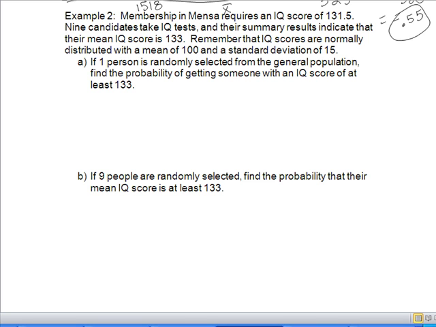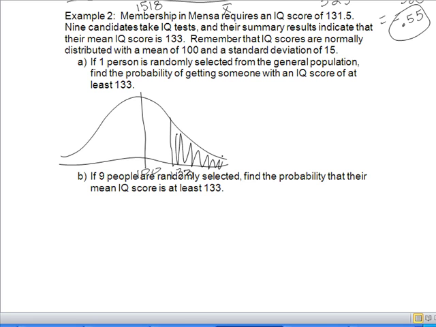We get 0.9861. It's the area to the left of the z-score, so we take 1 minus that. So this is the probability x is greater than 133. 1 minus 0.9861 is 0.0139. Okay, so that's the old way, working with an individual.